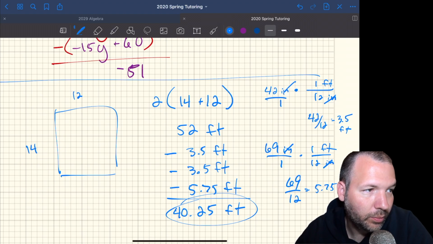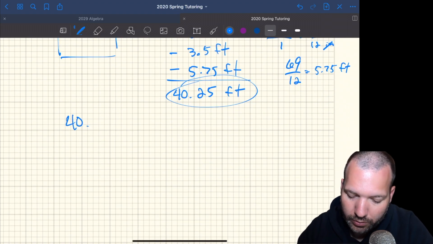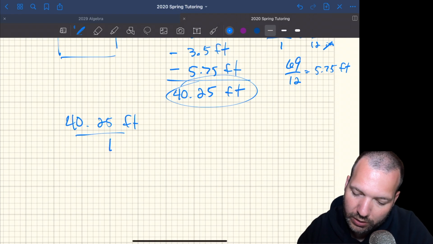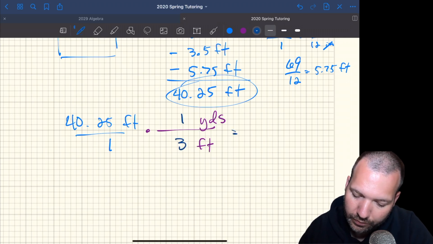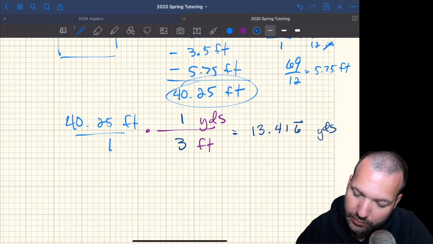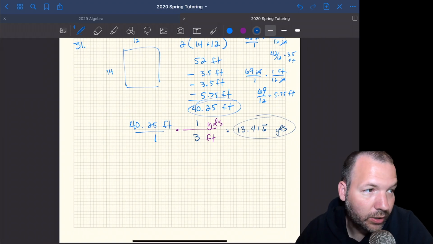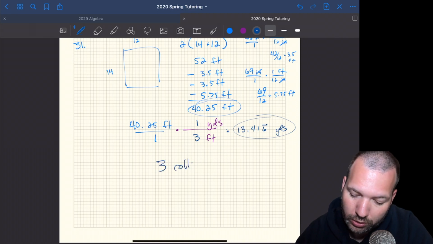But Anoki is going to buy it in 5-yard rolls. So 40.25 feet, we are going to convert into yards, and 1 yard is 3 feet, and 3 goes into 40, 13.41666 on and on forever yards, but they only come in 5-yard rolls, so he needs at least 3 rolls of 5 yards each.